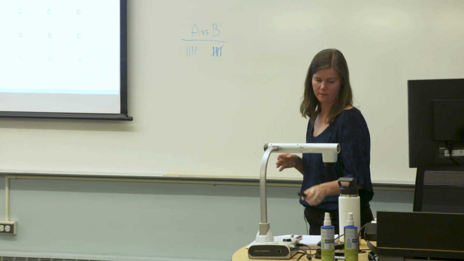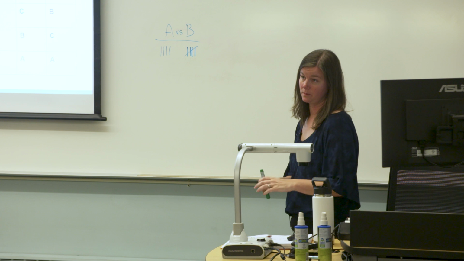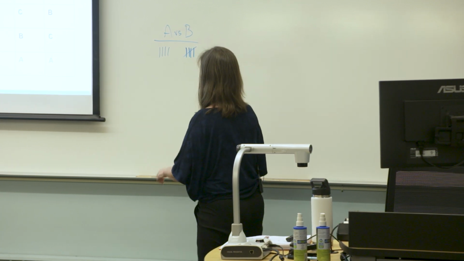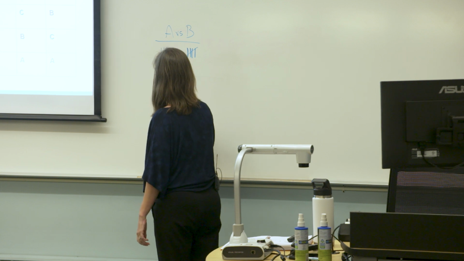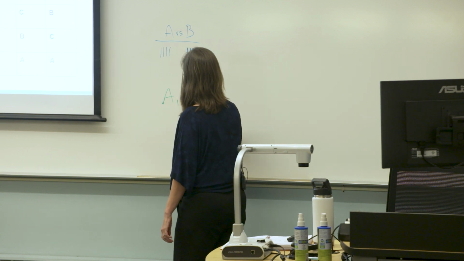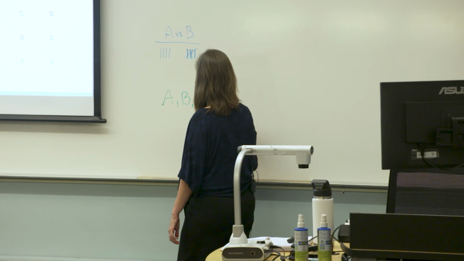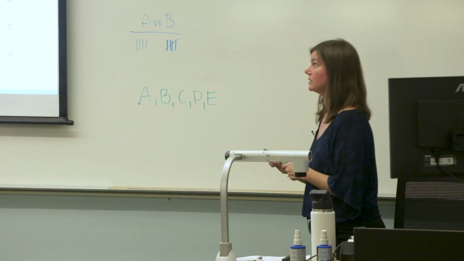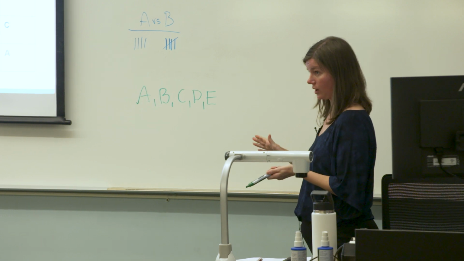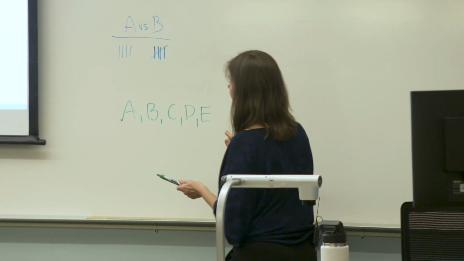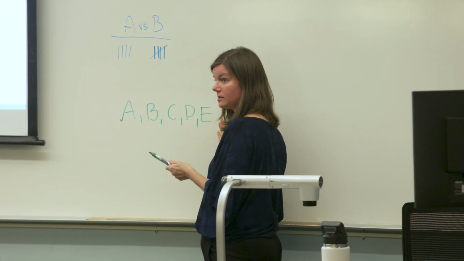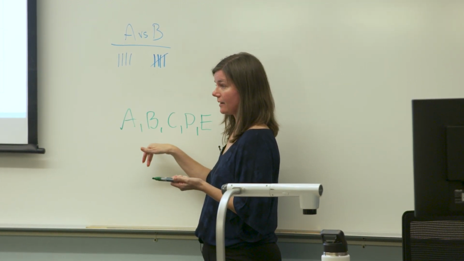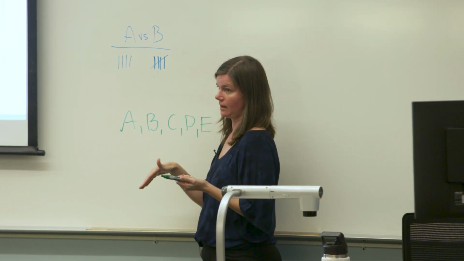So another version of this that is sometimes easier to do in the classroom is, let's say I have 5 candidates. You can do what's called sequential pairwise comparison with a fixed agenda. So instead of having everyone go against everyone else, I have A go against B. And then the winner of that moves on and the loser is knocked out, right?